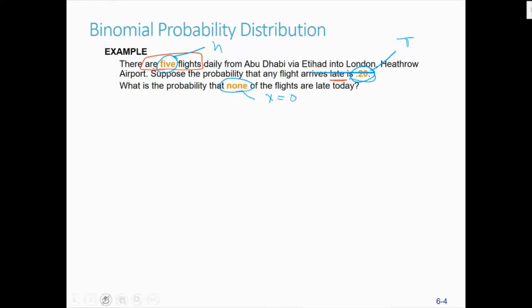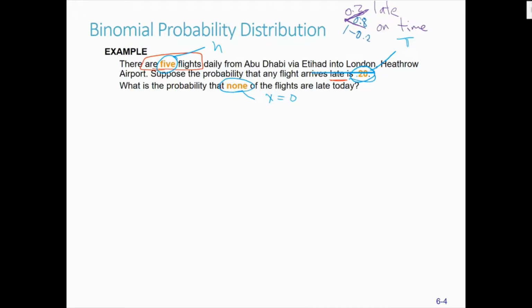Now, let me dig in a little bit further. The characteristic says that there are only 2 possible outcomes for the trial, right? The flight arrives either late or on time. They've given me the probability of arriving late. Since there are only 2 choices here, if I were to ask you for the probability of a flight being on time, you do the complement rule, 1 minus 0.2, which is 0.8.